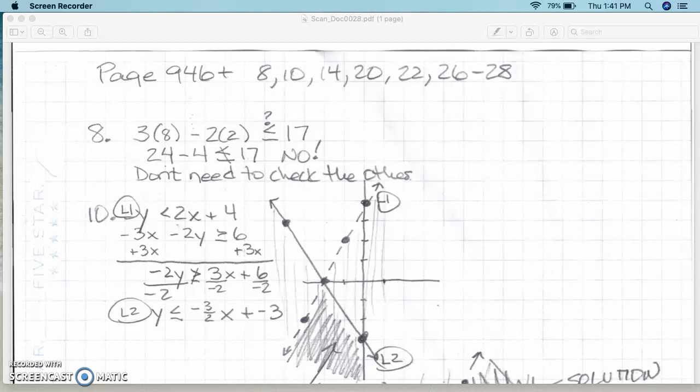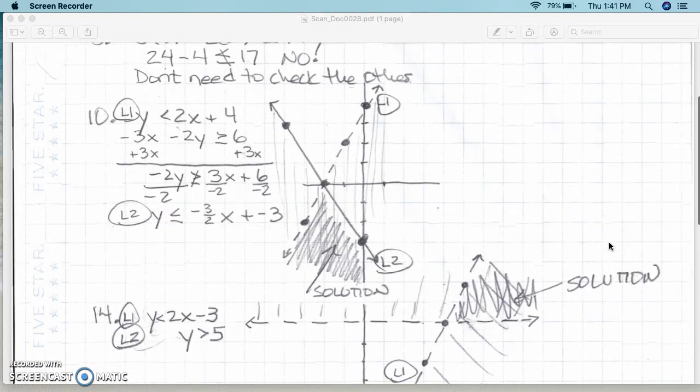Okay. Number 10 was next, and we had to graph these two given inequalities on here. The first one was already written in a way that we could graph. We've got y is less than 2x plus 2. So that's line number 1 right here.